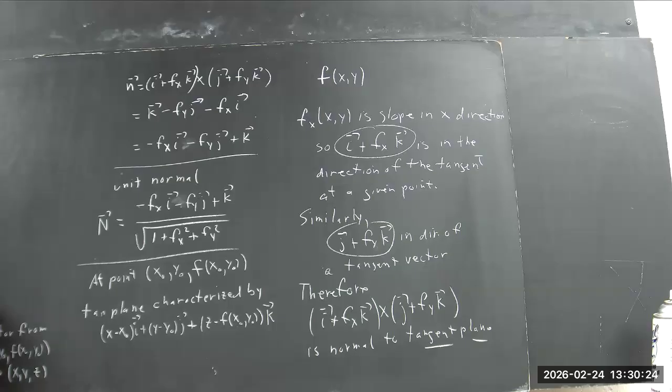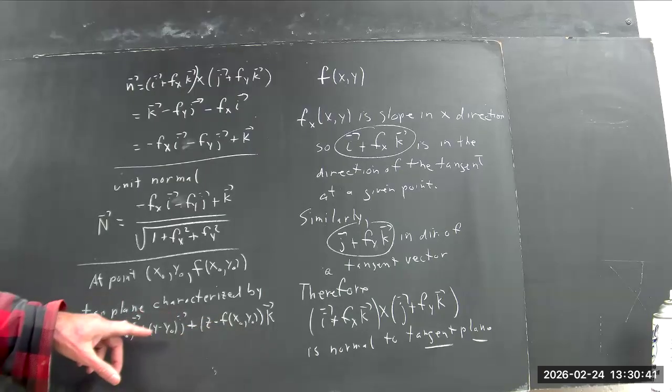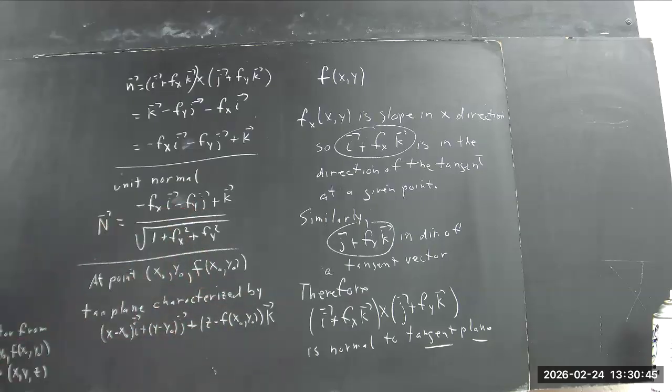Okay, because for the vector from one point to the next, you just subtract the x coordinates, you find the change in x, that's times i, change in y times j, change in z times k. And that's exactly what I've written down: x minus x naught i plus y minus y naught j plus z minus f of x naught, y naught times k. That's just the vector from here to here.